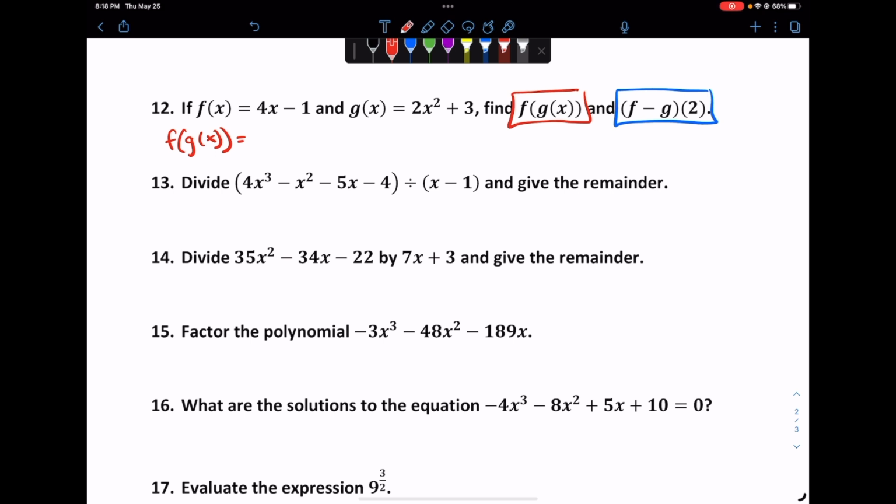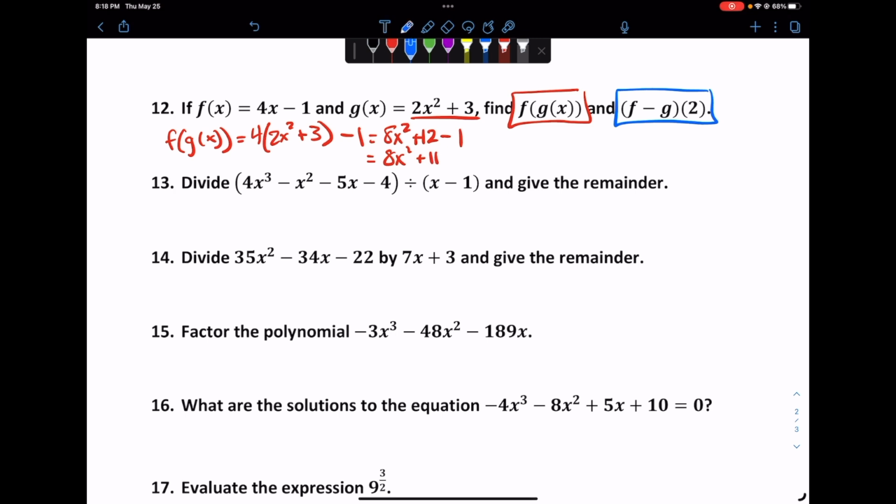We're going to take f of x, which is 4x minus 1. We're going to take g of x and put it into it. So we have 4. Instead of x, we're going to put g of x, which is 2x squared plus 3, minus 1. So that's going to be 8x squared plus 12 minus 1. So that's going to be 8x squared plus 11. That is f of g of x.